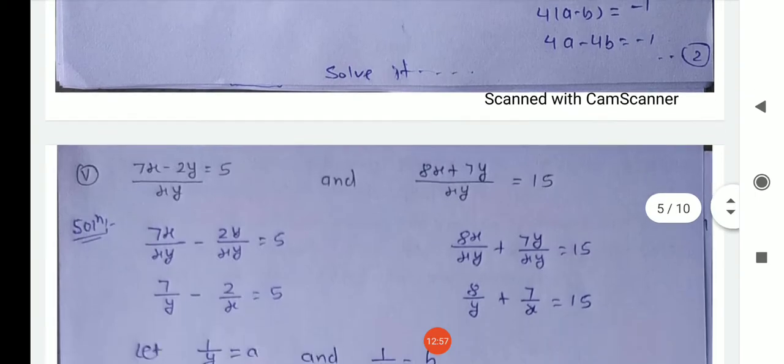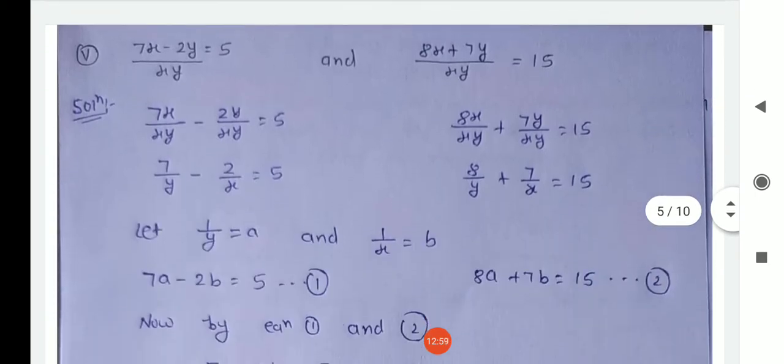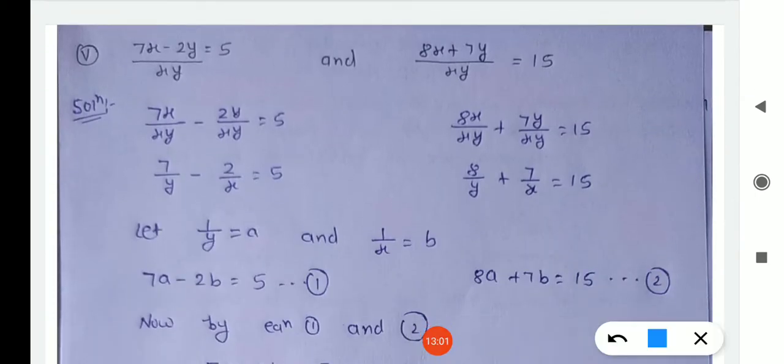Now question number 5. In question number 5, I have 7x minus 2y upon xy equal 5, and 8x plus 7y upon xy equal 15. So how do we convert this into a linear equation? See it. Now I separate 7x upon xy and minus 2y upon xy equal 5.